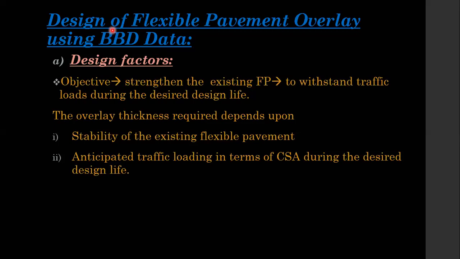Once you have designed all the parts, the final concept is to add the additional layer. That means you have designed the road from the data you have understood, but the road is not sufficient to withstand the load. So you are giving some additional thickness, just like your vehicle. Once in a while, once in 6 months or some frequent time, you service your vehicle, no?